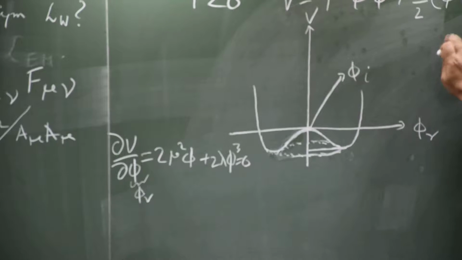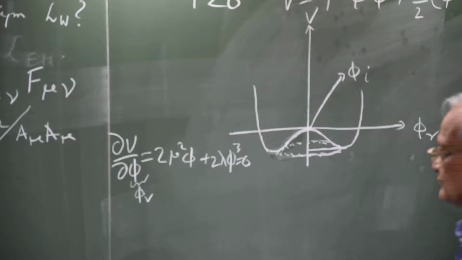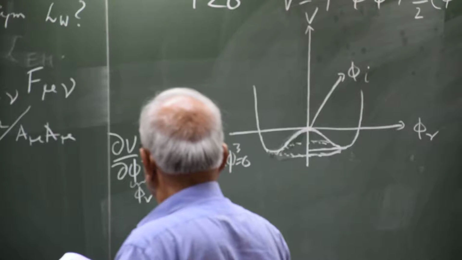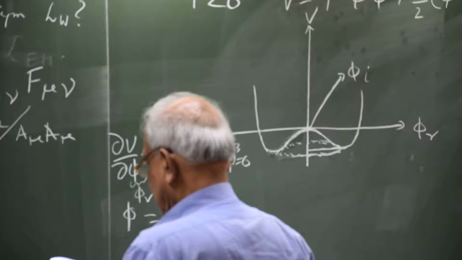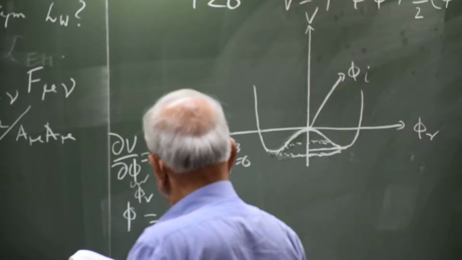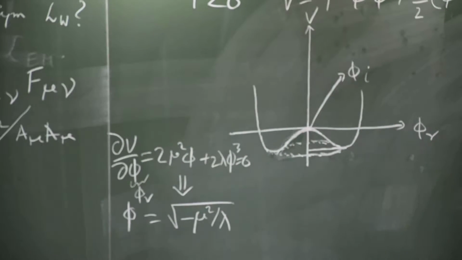So that's why I put the factor of half there. So that will occur at phi equal to minus mu square over lambda, square root.